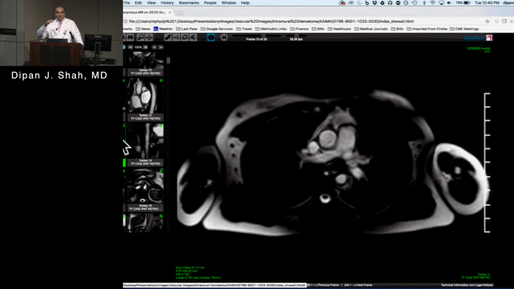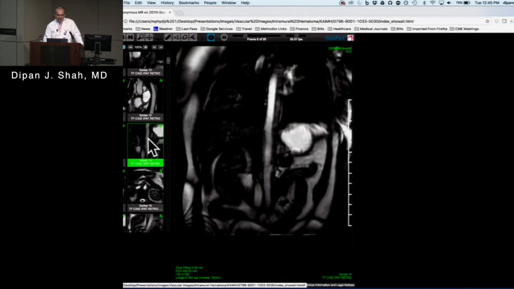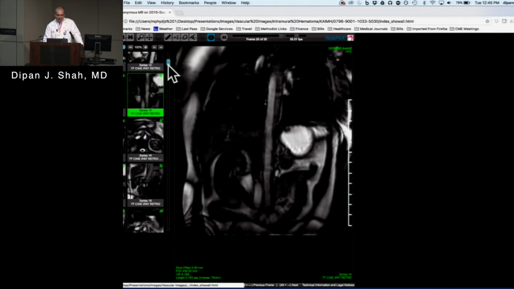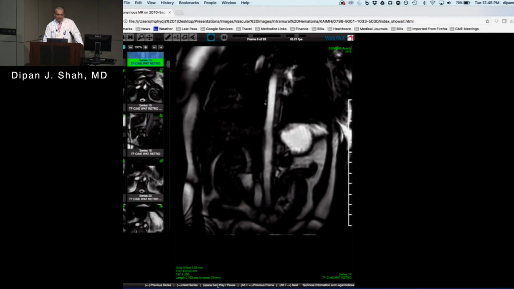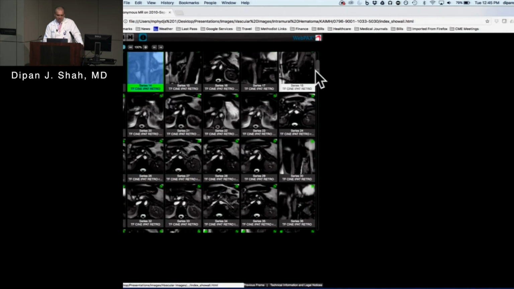But the problem with that is cine images take over the time dimension as well, so they take longer to acquire, right? So oftentimes, the best acquisition for that is going to be that time-resolved angio that I showed you before, right? Let me go back to that again.